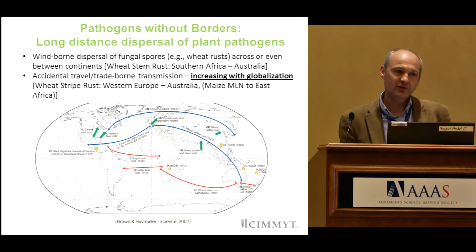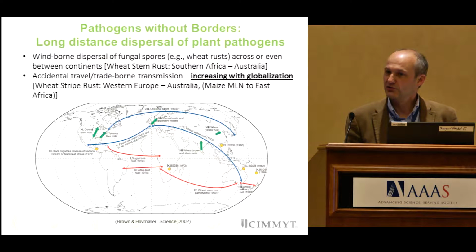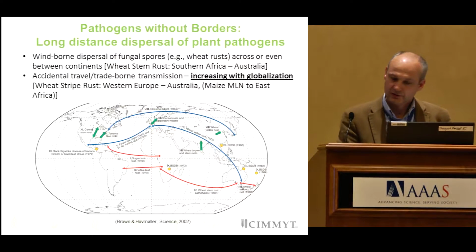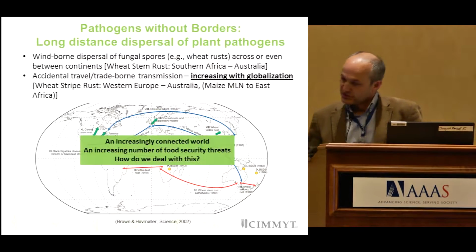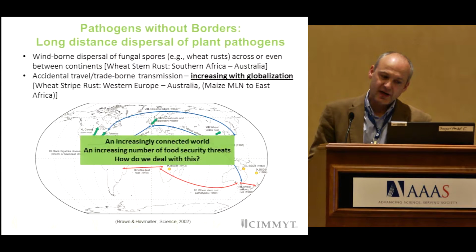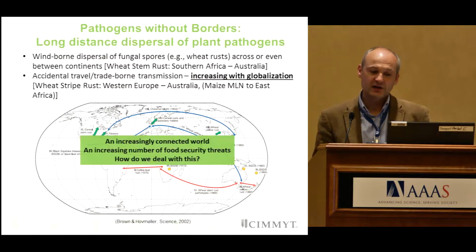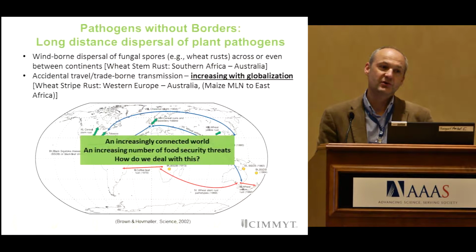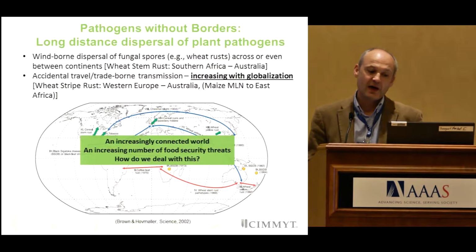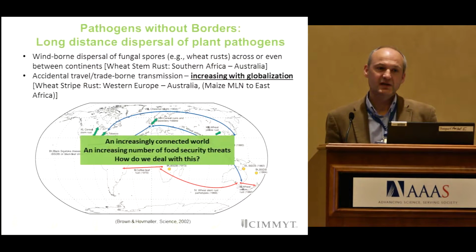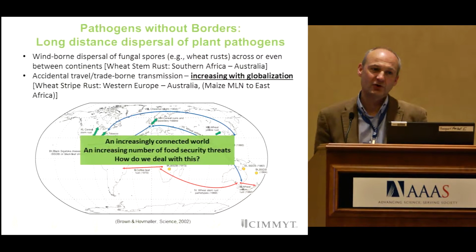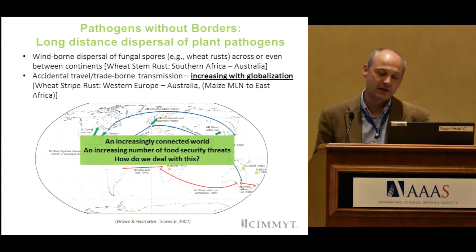The amount of travel, the amount of trade, and the pathogens are going along those routes as well. So we live in this increasingly connected world, and we're seeing an increasing number of food security threats. How do we deal with this? We've got to have mechanisms in place.